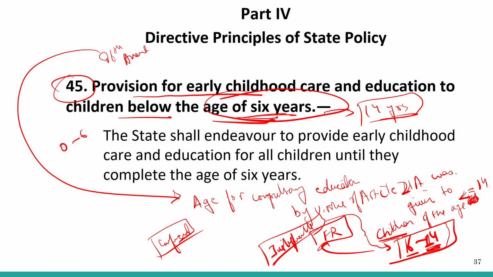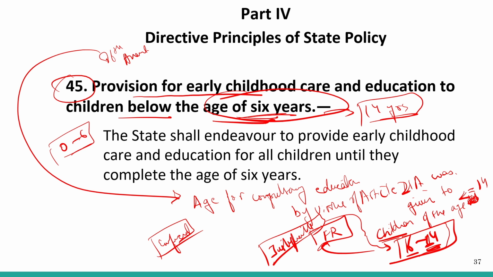now not a discretion but rather only a direction that has been given to the state government, that the government shall endeavor to provide education up to the age of 6 years, and above 6 till 14 it is compulsory.